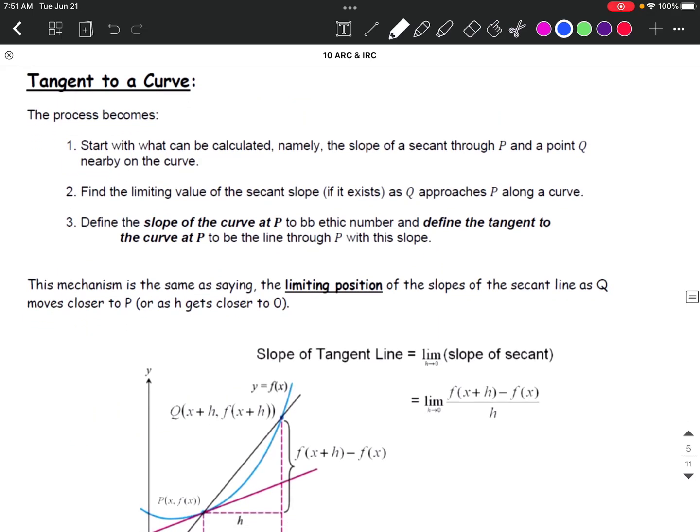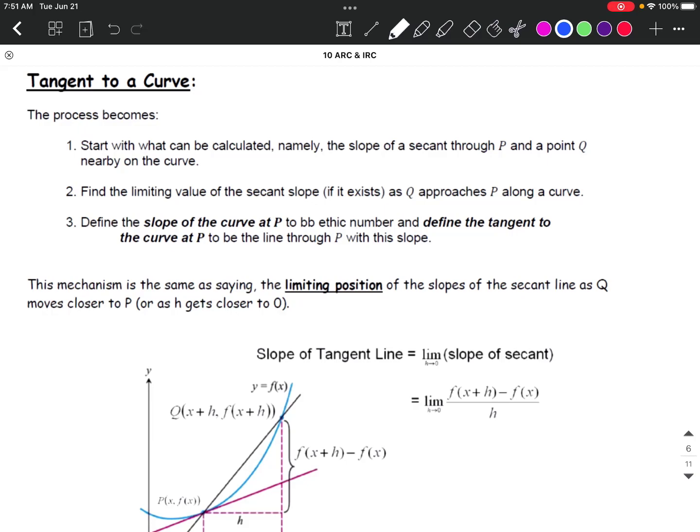So for the tangent to a curve, the process is to start with what can be calculated, namely the slope of a secant. So if you have numerical values in a table, the best you can do for the slope of the tangent is to use the smallest interval that you can around the given x value and do an average rate of change.